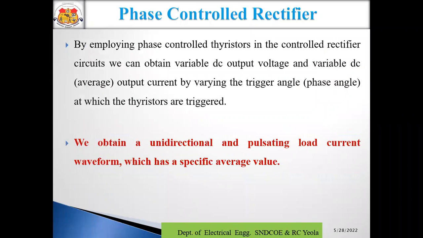By employing thyristors in the control rectifier circuit, we can obtain variable DC output voltage and variable DC output current by varying the firing angle or triggering angle at which the thyristors are triggered. We obtain a unidirectional and pulsating load current waveform which has a specific average value.